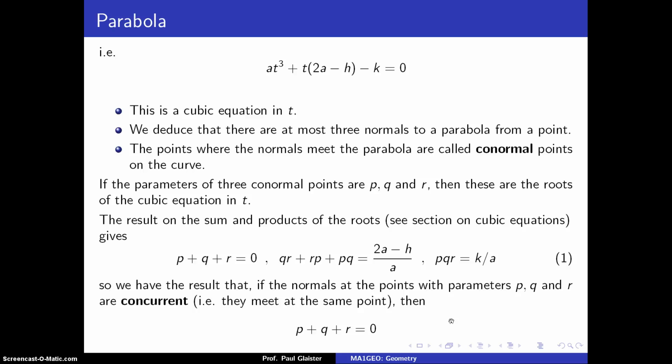So if those normals meet at the same point, they must satisfy this cubic, and hence the sum of the roots has to be 0. So the sum of the parameters is 0. In other words, if we take 3 points for which the sum of the parameters is not 0, then they won't give rise to a single point of intersection.